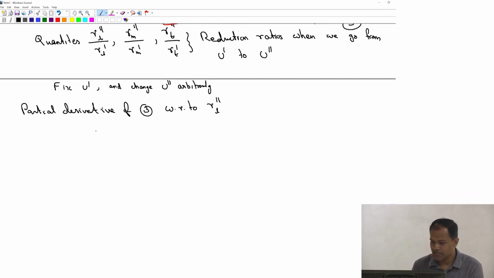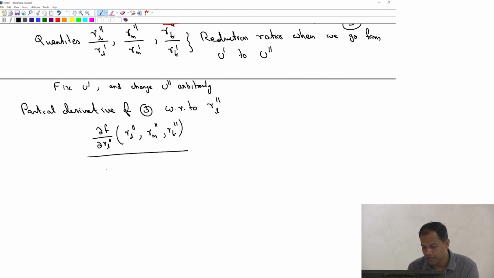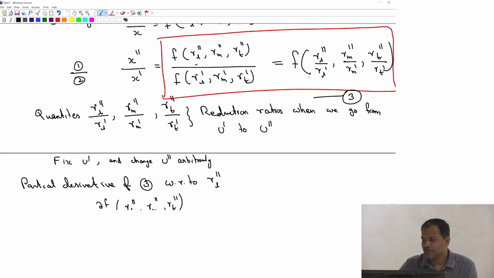The left hand side comes out to be dou f by dou RL double prime, which could be a function of RL double prime, RM double prime, RT double prime, divided by the denominator, which is a constant, RL prime, RM prime, RT prime. It is equal to the partial derivative of the right hand side with respect to this variable.